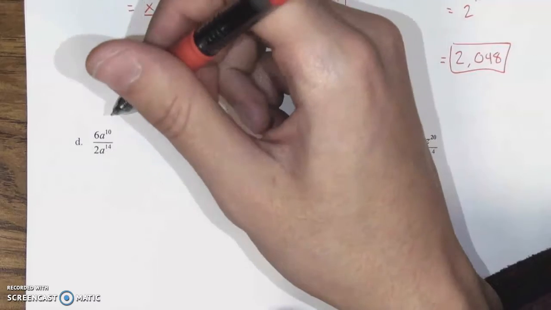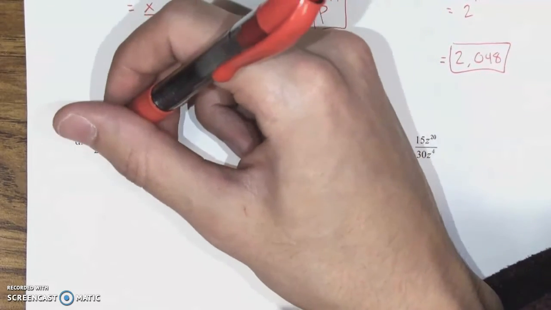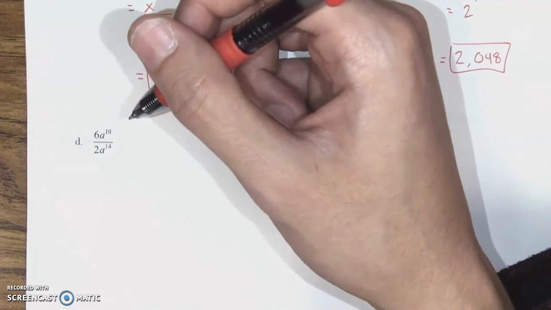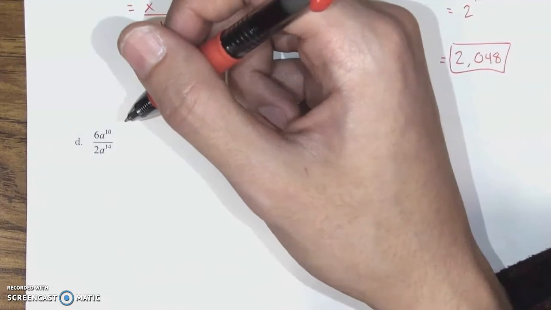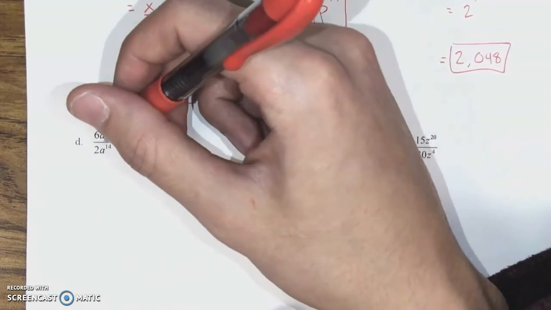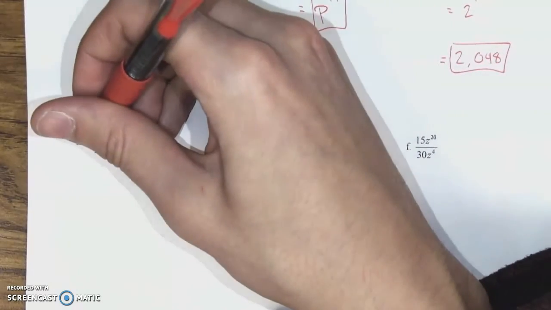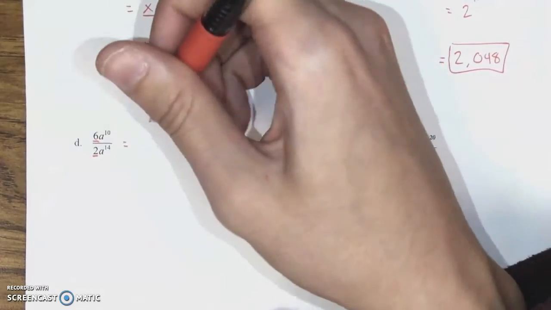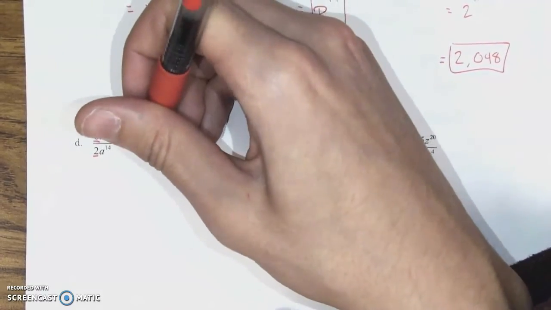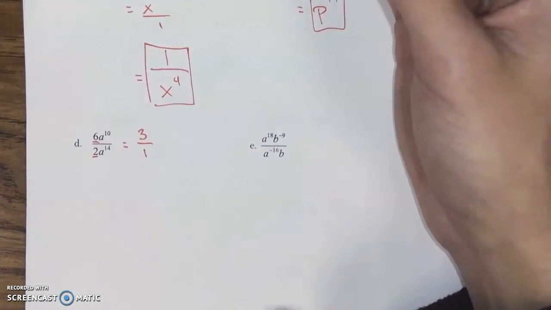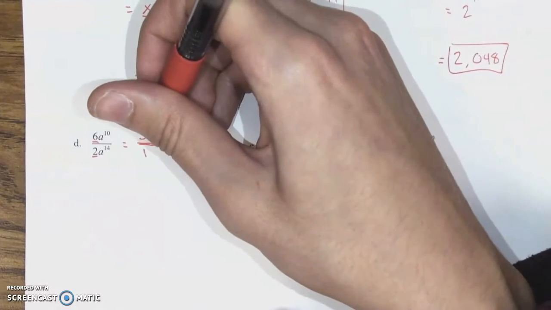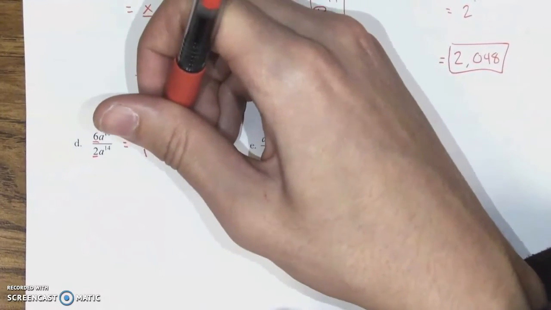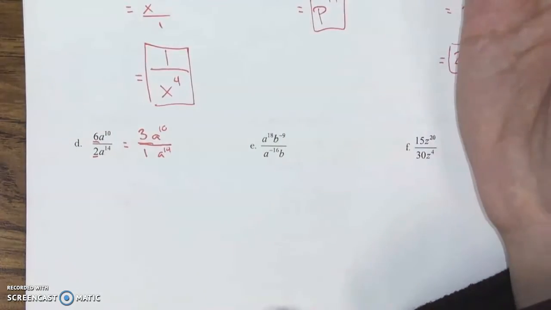Here we have 6a to the 10th over 2a to the 14th. Just like when using the product rule, we're going to work numbers with numbers and variables with variables. So starting with the numbers here, 6 divided by 2 gives us 3 over 1. And then we have a to the 10 and a to the 14.